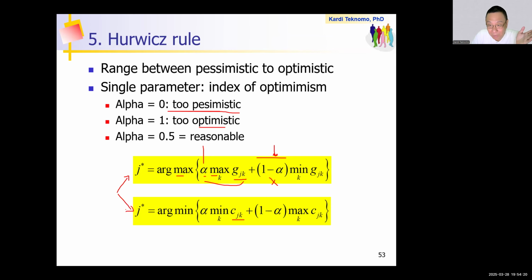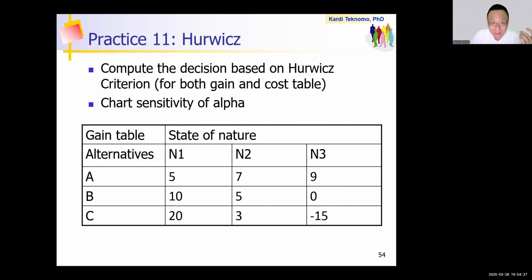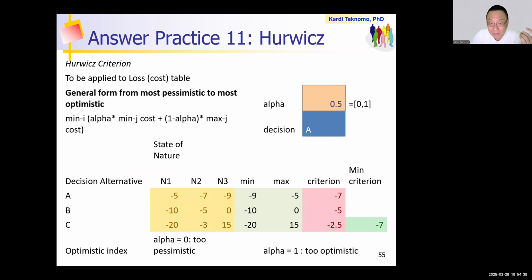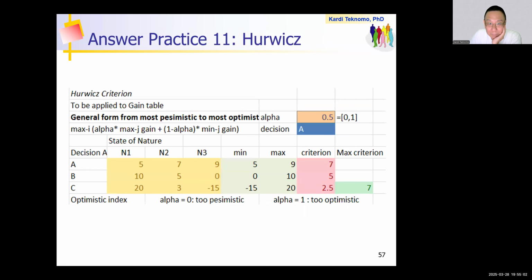Let's take an example so that you can get a clearer value. Let's say this is a gain table, so I will use this formula here. I copy this formula. If you use a gain table, this is based on the gain table.